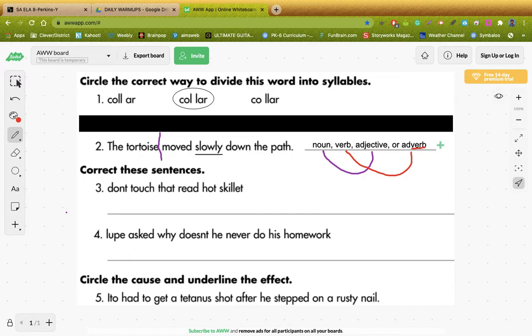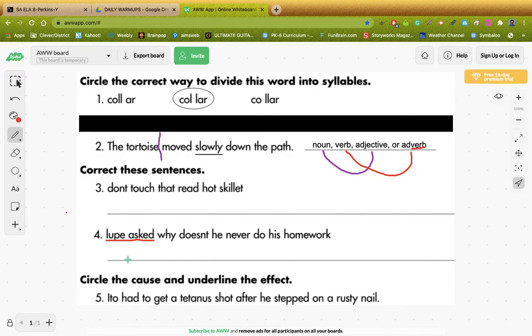Okay, number 4, Lupe asked, why doesn't he never do his homework? Guys, we have a speech tag. Now, what is the speech tag? Lupe asked. Well, who's talking? Lupe is. So this is the speech tag right here.